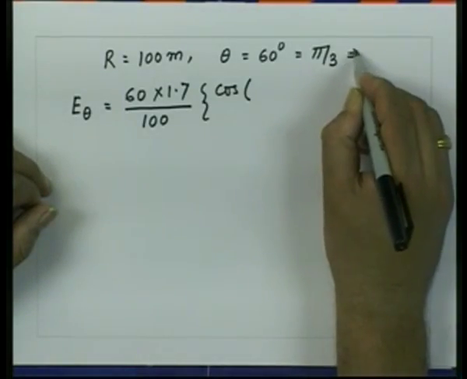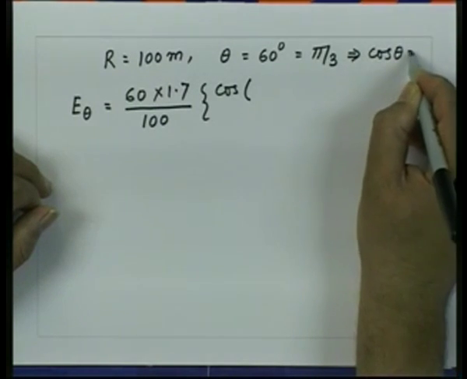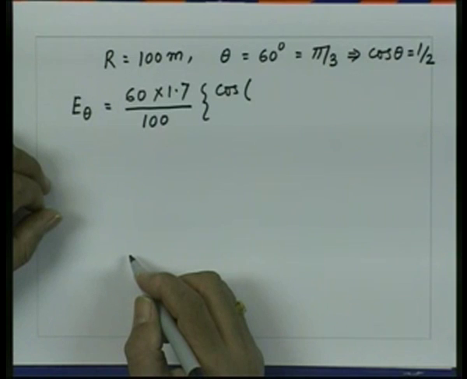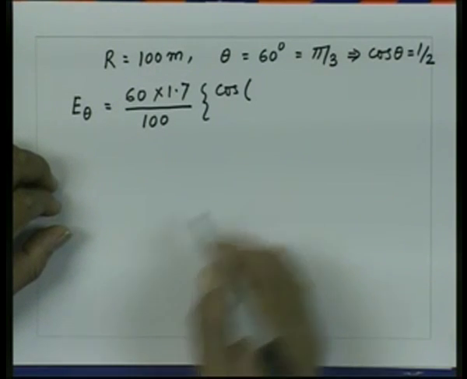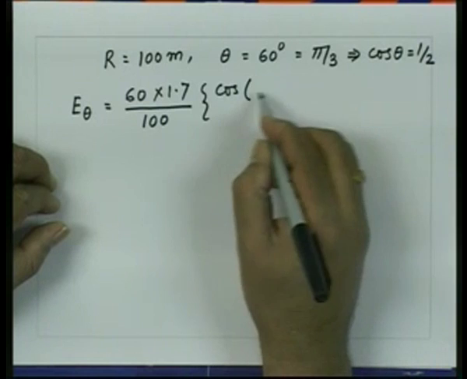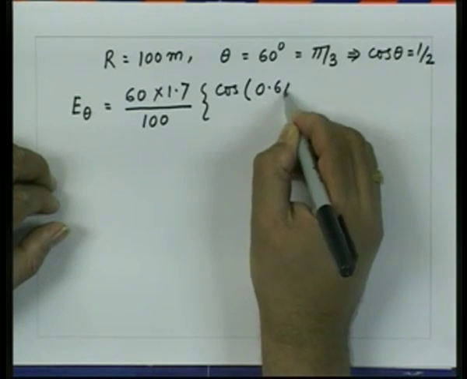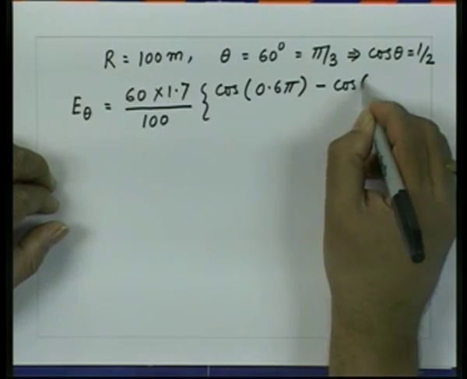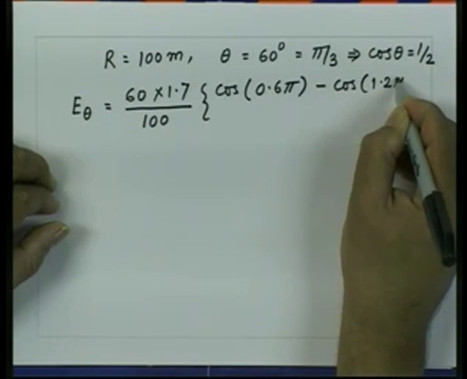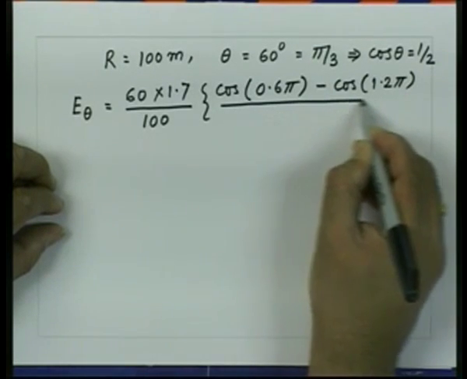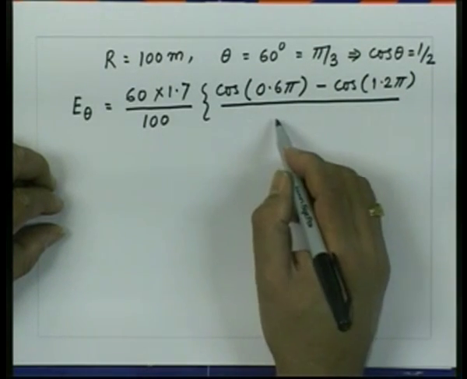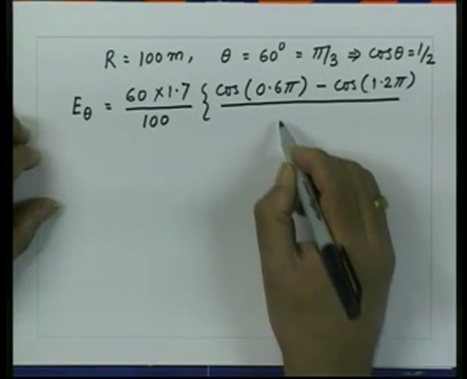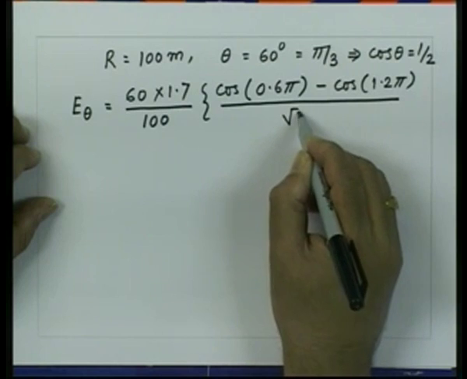So beta h cos theta will be 0.6 pi, minus cos of 1.2 pi, upon sine of pi by 3, that is equal to root 3 by 2.